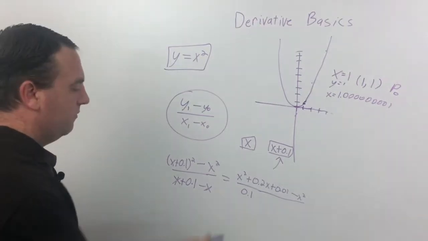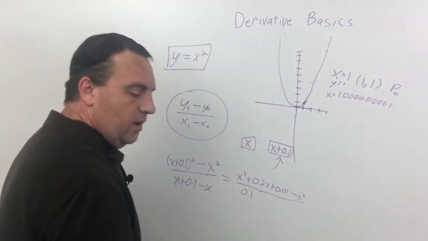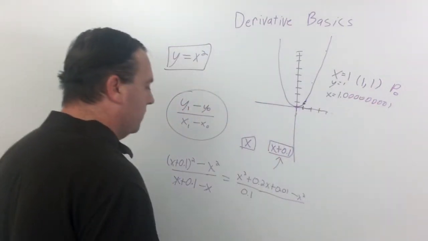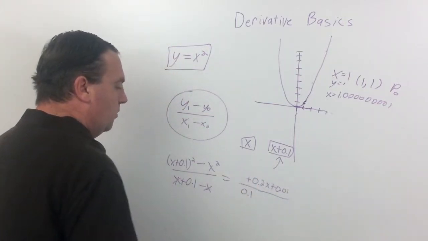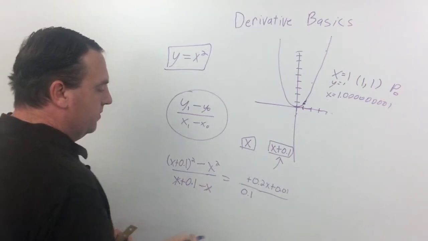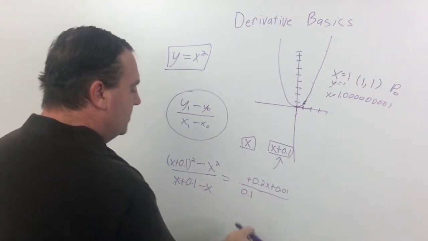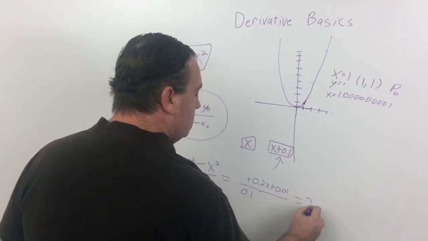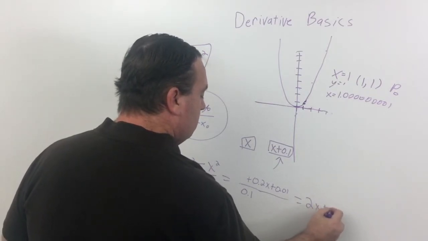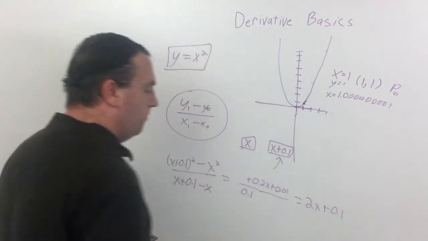Now what happens here? We've got an x squared and a minus x squared, so those two cancel out. And we're left with this. So if we divide this by 0.1, that will give us 2x plus 0.1.